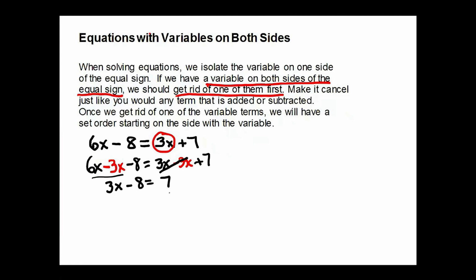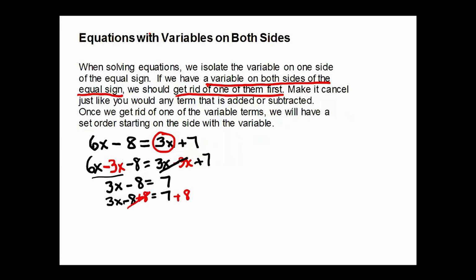Now we have a standard two-step equation. We will go on the side with the variable, and you take off anything that's added or subtracted. So we're going to take off the 8. It's subtracted, so we need to add to make it cancel. Then we'll clean up.